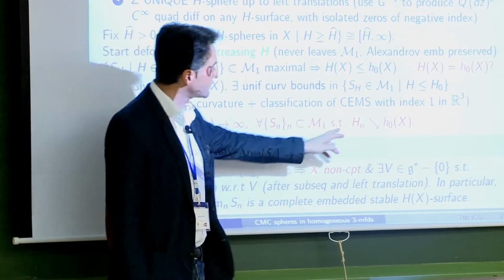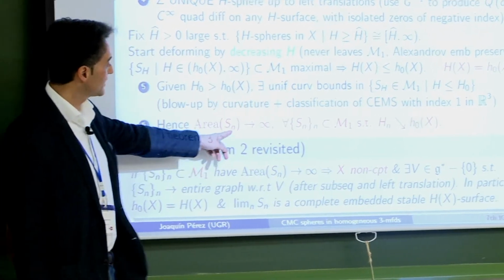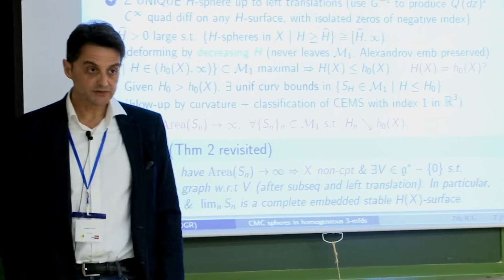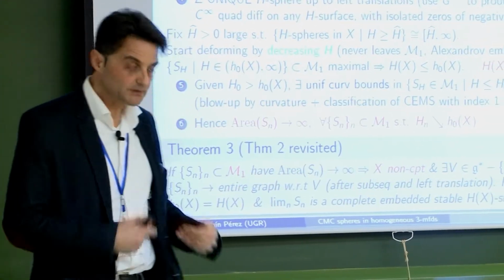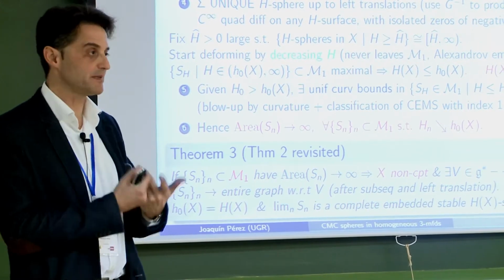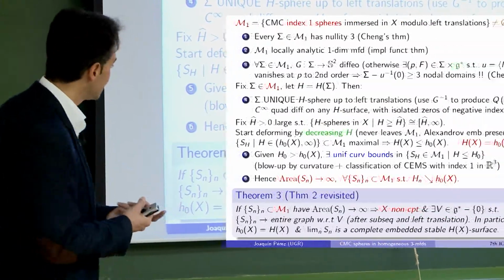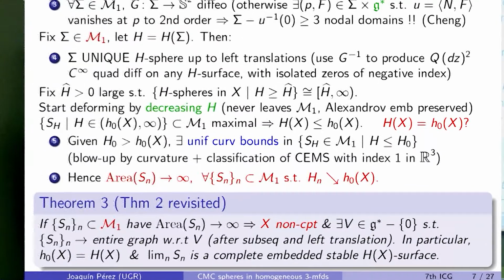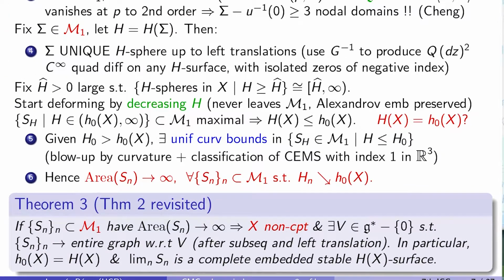And so the values Hn of the mean curvature of these spheres descend to some limit value that I call h naught of x. And I want to show that h naught of x equals the critical mean curvature of the ambient space. And then here I have rewritten the theorem 2 that I showed you before and explained more or less the proof. The only change is that now I have included M1 because I can reduce myself to M1.